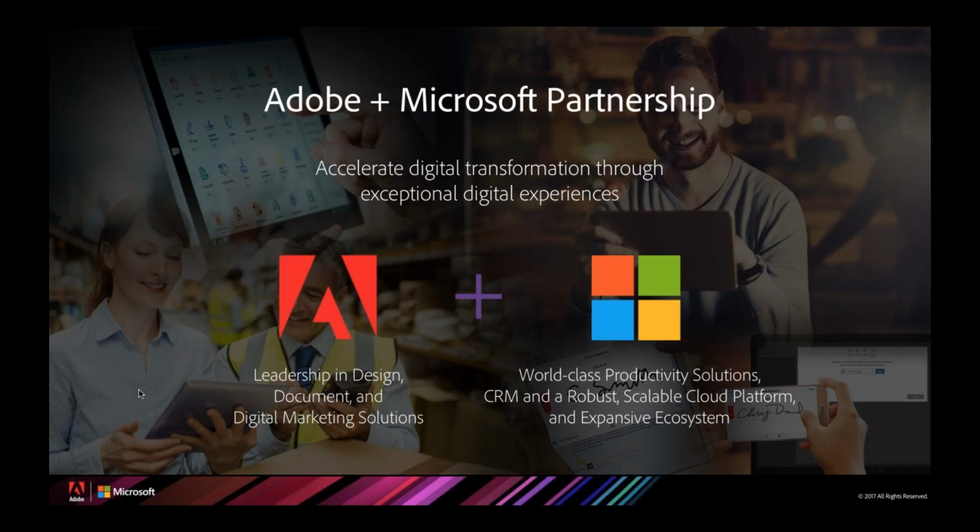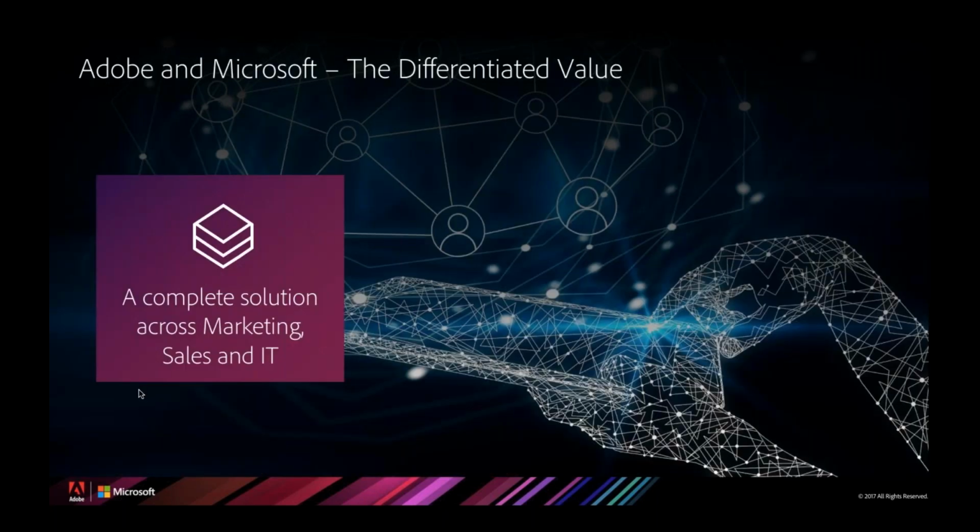Now, we started that in 2016 with Experience Cloud, but Adobe Sign, which is our focus today, came in the next year. So we've been working with Microsoft for a couple years, and that partnership will continue to grow and expand as we go forward.